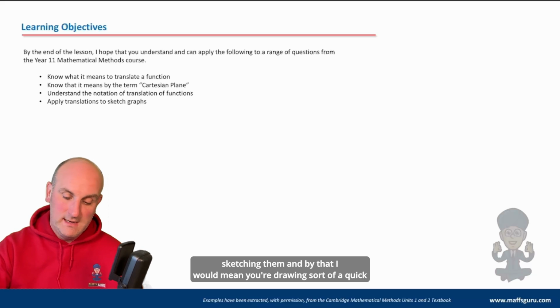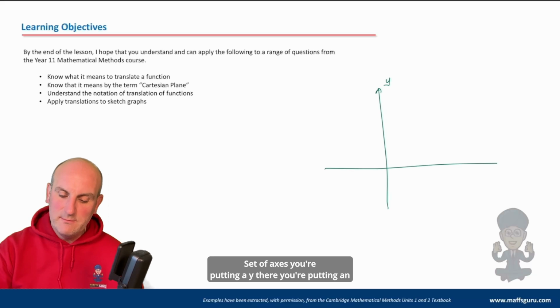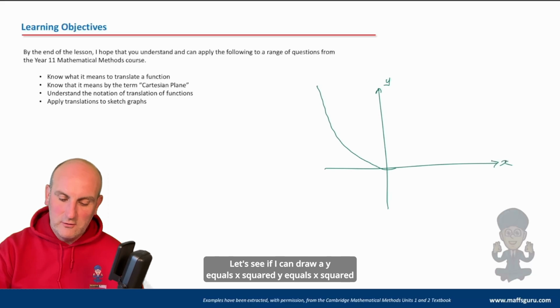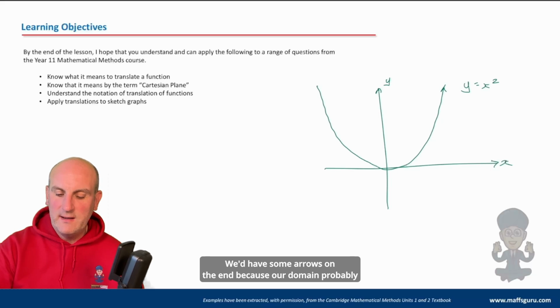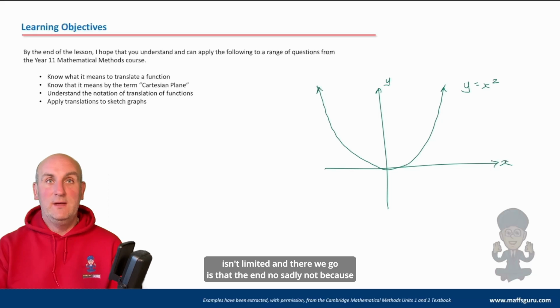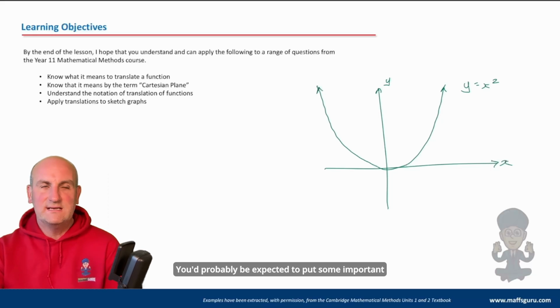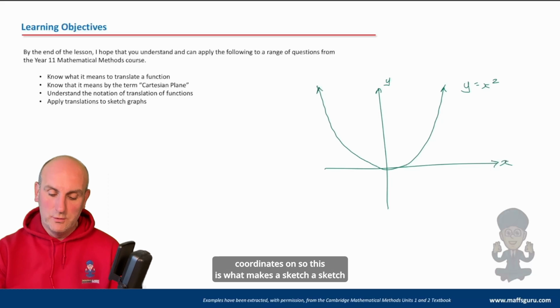And by that, I would mean you're drawing a quick set of axes. You're putting a y there, you're putting an x there, and then you're drawing some sort of function. Let's see if I can draw y equals x squared. We'd have some arrows on the end because our domain probably isn't limited. And there we go. Is that the end? No, sadly not, because you'd probably be expected to put some important coordinates on.